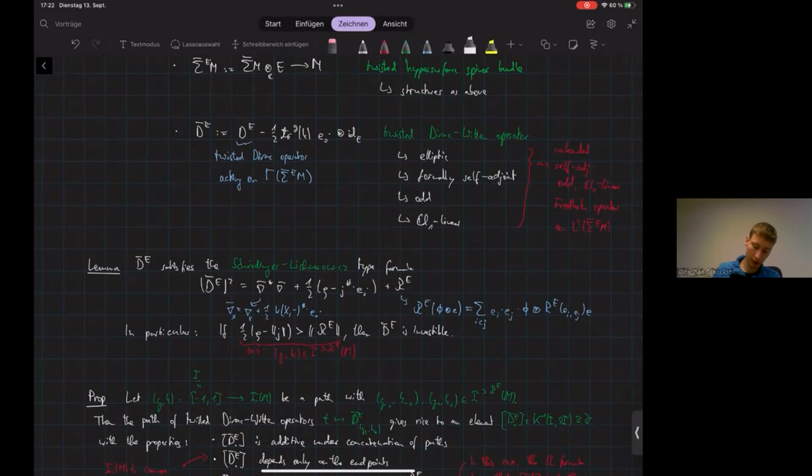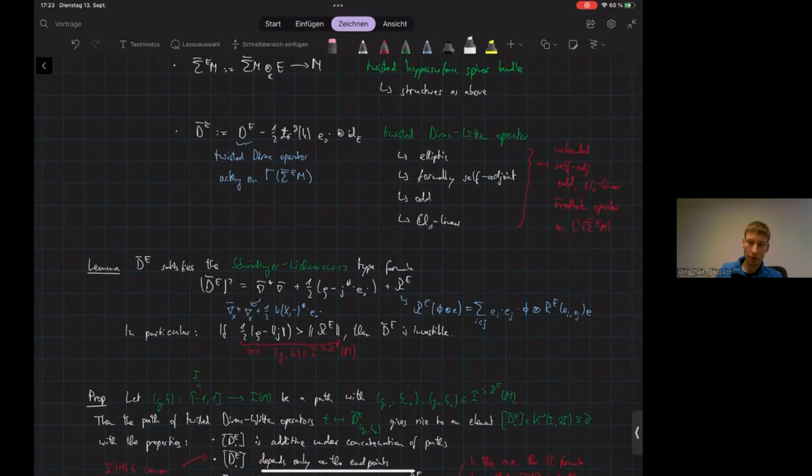Well, in our case, the formula has to be slightly adapted because we also have this twist bundle lying around, and therefore we are also getting an additional curvature term which comes from the twist bundle.